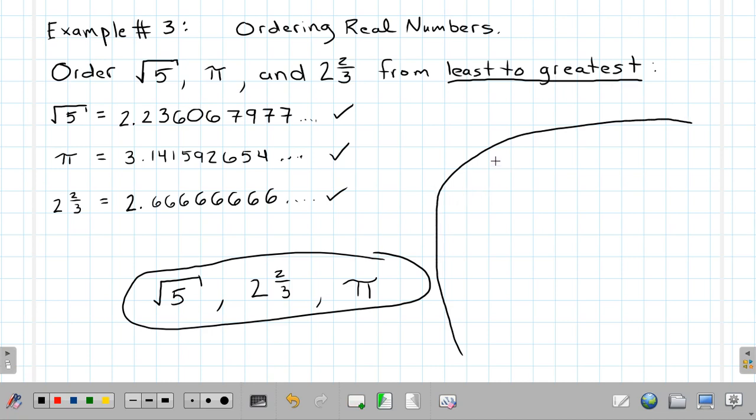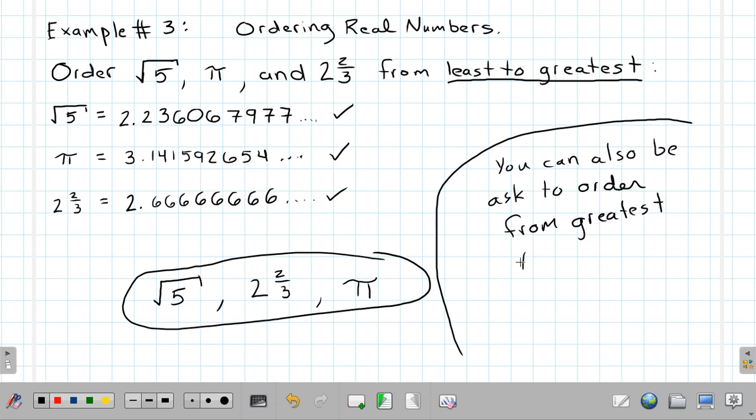You could also be asked to order from greatest to least.